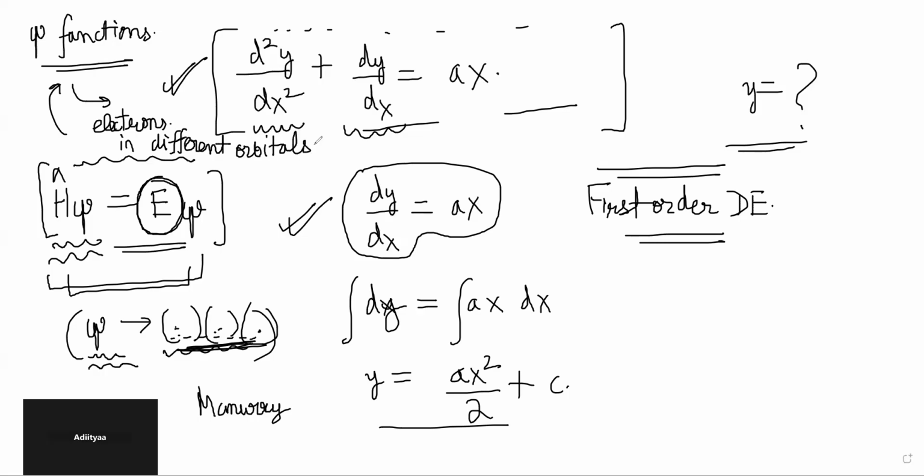The psi functions that come out tell us what an electron is and which orbital it belongs to. Do you understand what I'm saying? We don't get the location, we get the wave function of an electron.